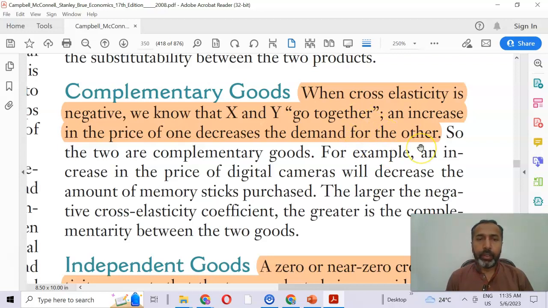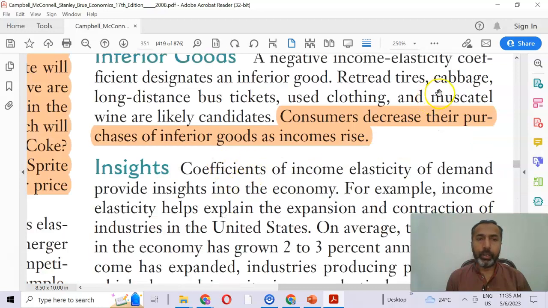So whenever the answer of cross elasticity of demand is negative, we conclude that those two products are complementary products, which are used together and complete each other. Then the third type of related goods are independent goods.